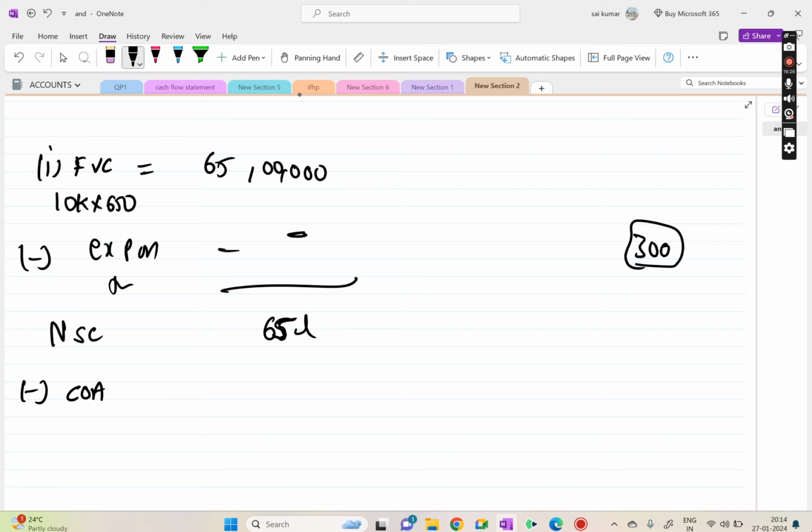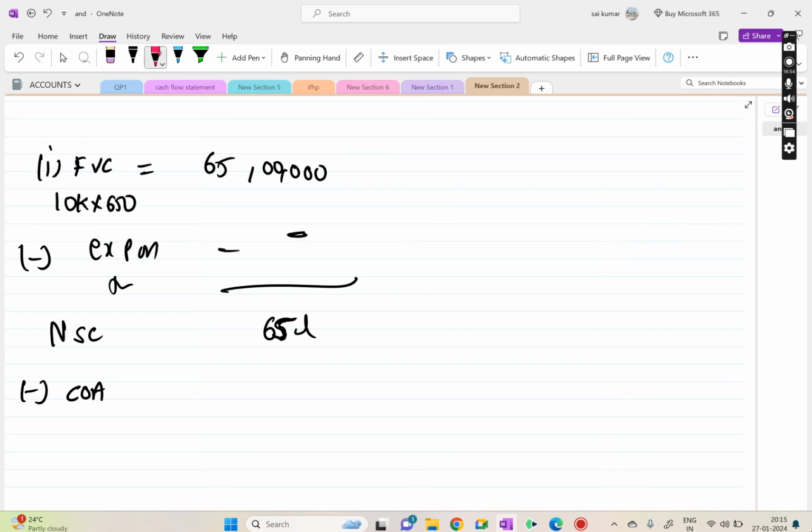Sir, no. Why not? If section 112A is applicable, no indexation benefit you can claim, and no chapter 6A deductions you can claim. And no rebate under section 87A you can claim. Remember this. Whenever section 112A is applicable, you cannot claim all these things.